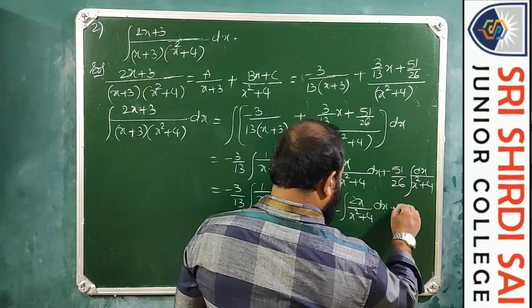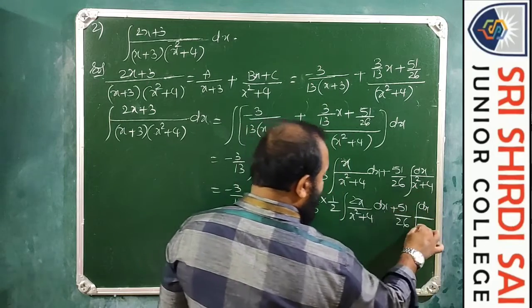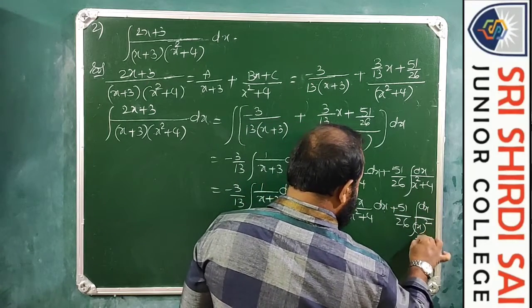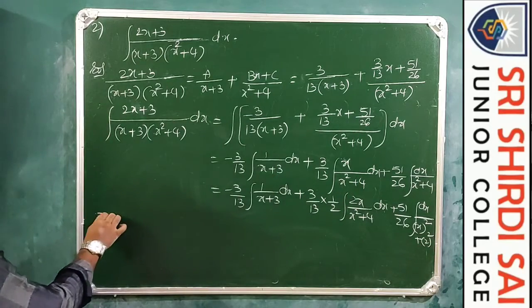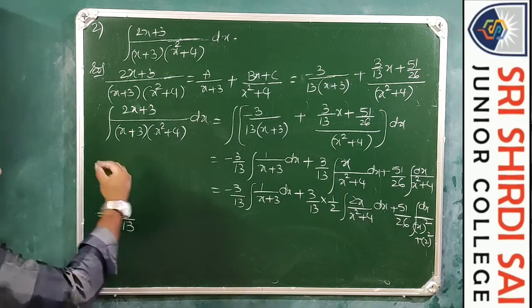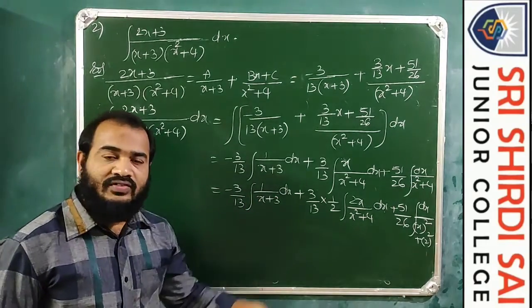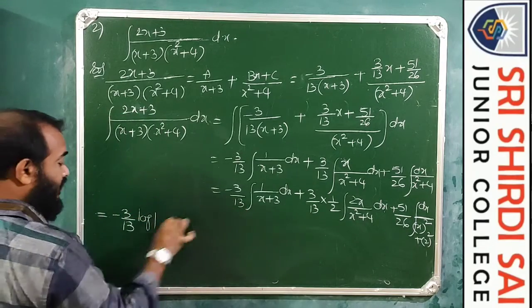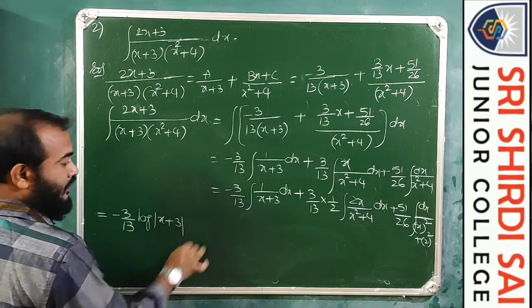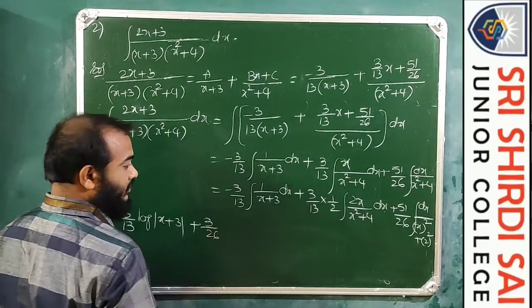Plus 51 by 26, dx by (x square plus 4), which can be written as x square plus 2 square. Now this is equal to minus 3 by 13. This is of the form integral 1 by x dx. What is integral 1 by x dx? Log mod x. So this is log modulus of (x plus 3), plus 3 by 13 into 2, 26.